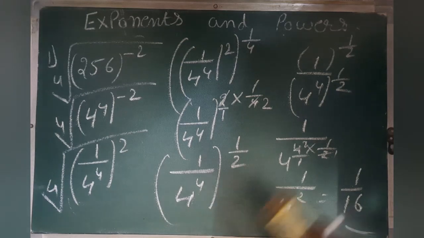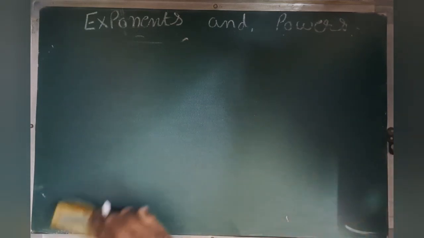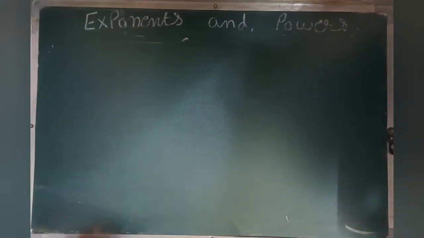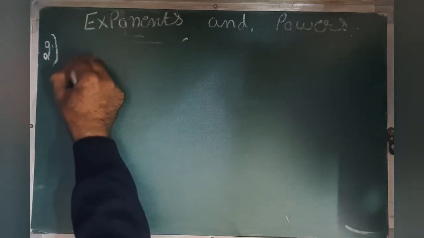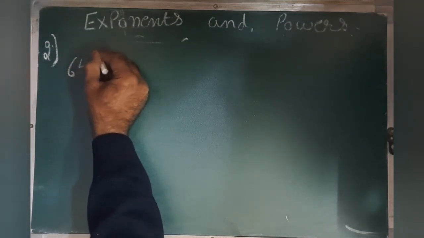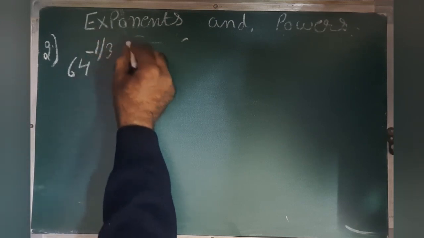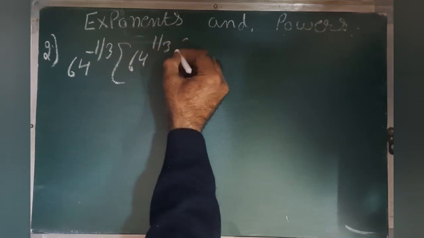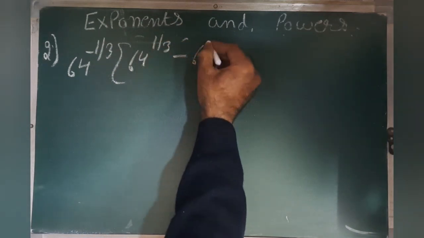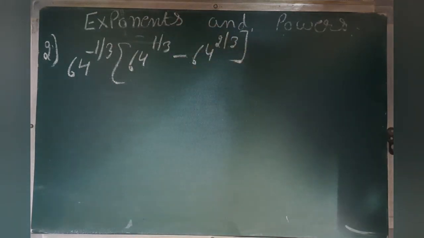Now next, second example for this: let's suppose 64 power minus 1 by 3 minus 64 power 2 by 3. Now what can we do?